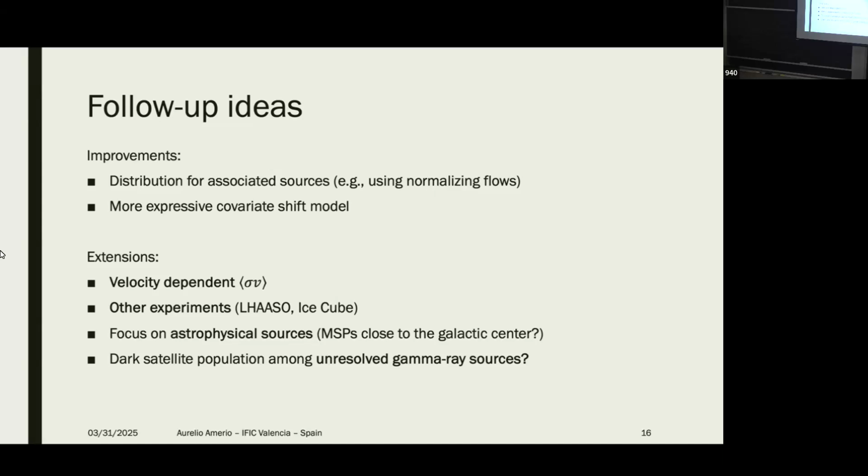Then there are your unidentified sources, where they think it's a source because it's got enough photons, enough gamma rays from that direction. And then there's the diffuse background, which is going to be, after all, from some sources.